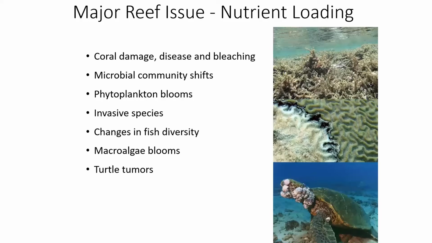So this can damage corals. It can cause disease and lead to bleaching. It can change the microbial communities of these reefs, which has cascading issues that we're still learning about. It can cause phytoplankton blooms and bring in opportunistic invasive species, and this can become an issue for even things like fish diversity.